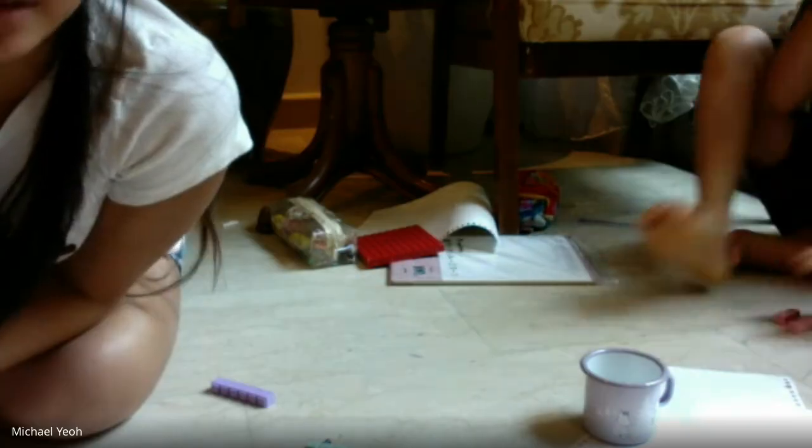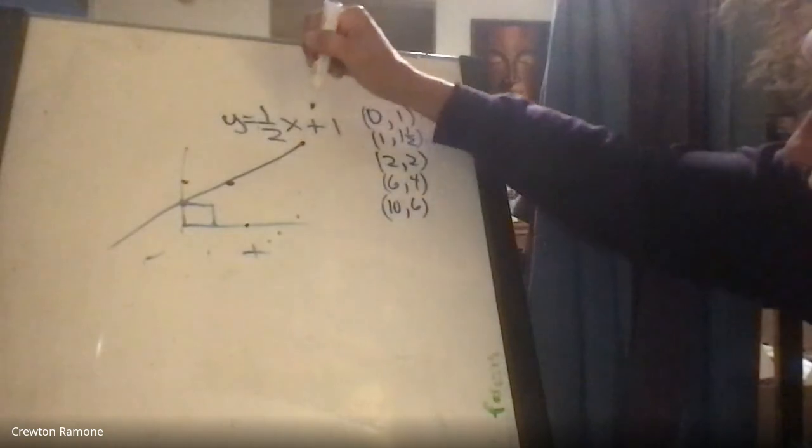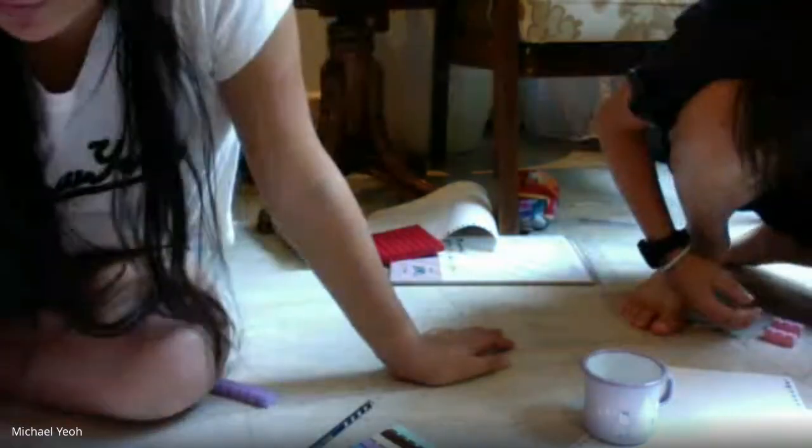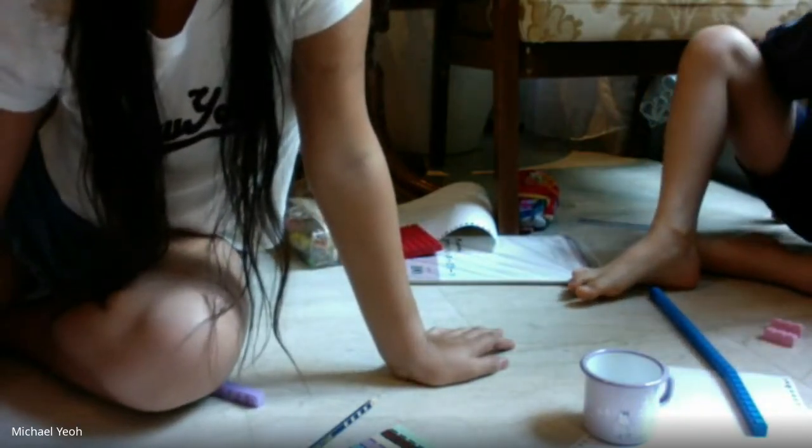Well, at 2, it's going to be 2. For example, if y actually starts at 3, then it will start at 3 and not 1, right? If this is 3.